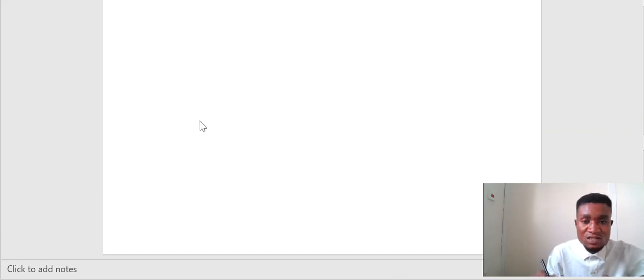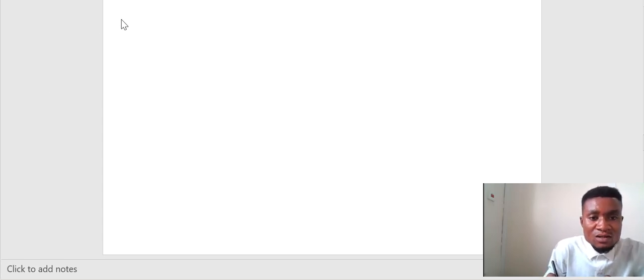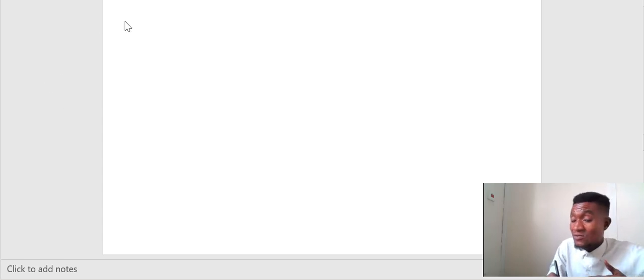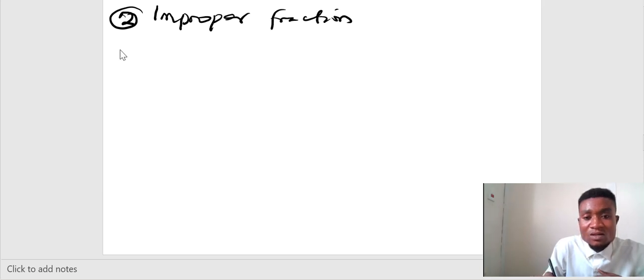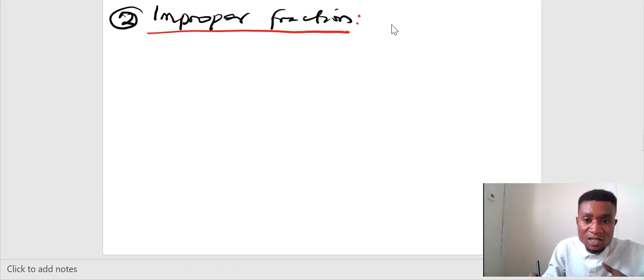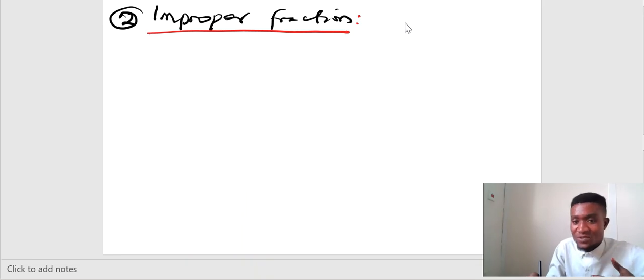So we'll quickly enter into the second type of fraction. So number 2, we have what is called the improper fraction. Now here, the numerator is greater than the denominator.